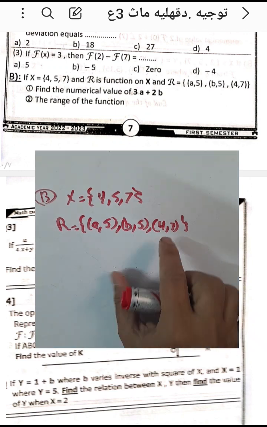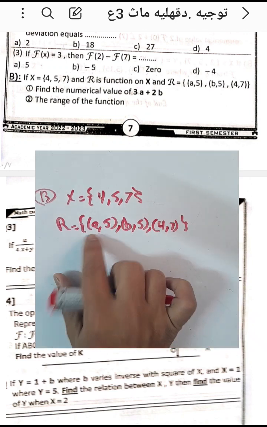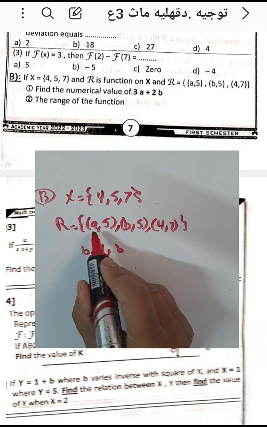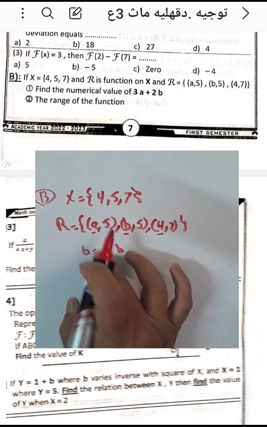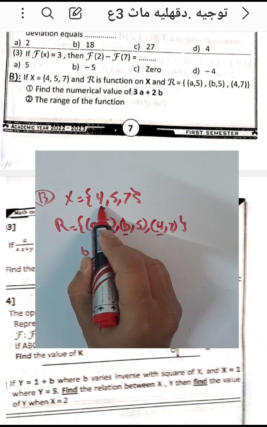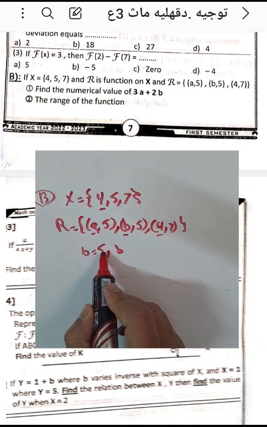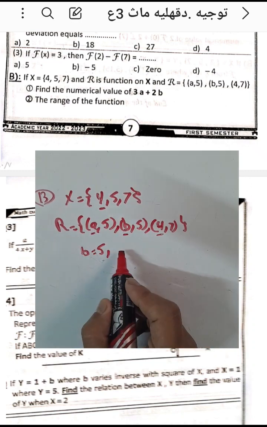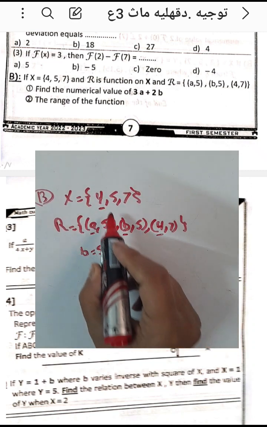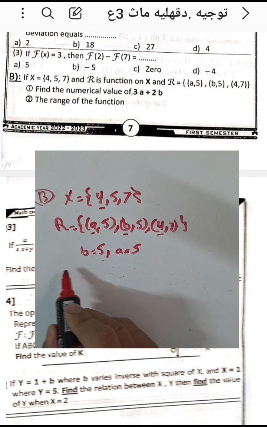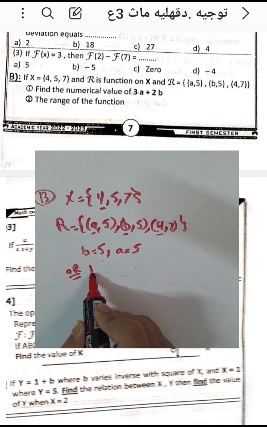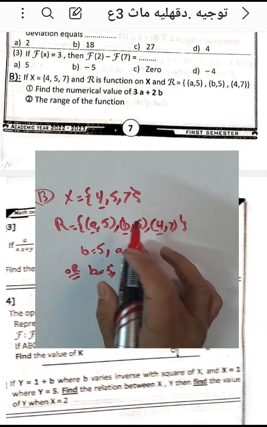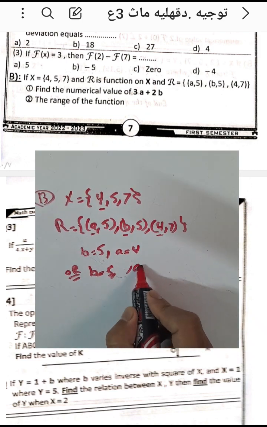Look at here 4, b and a, b must be equal 4. Okay, cancel 4 because we have 4 here, so we must cancel 4 here. Then b will be 7 and a will be 5, or b will be equal 5 or 4, or a be 4.